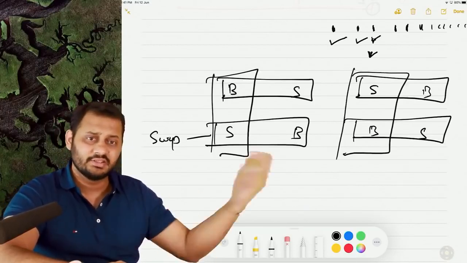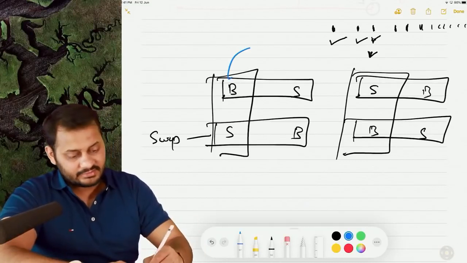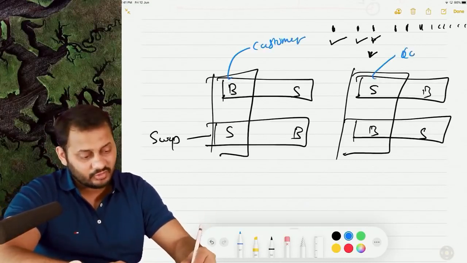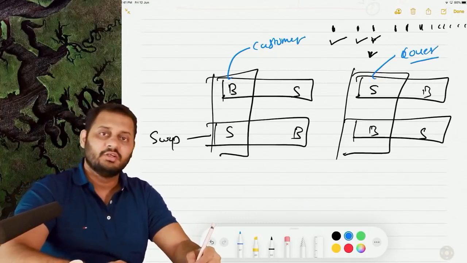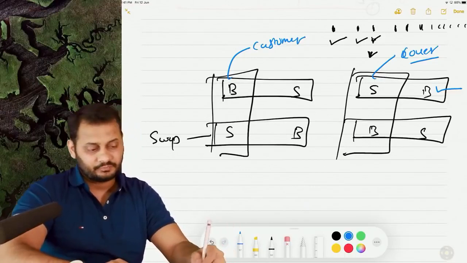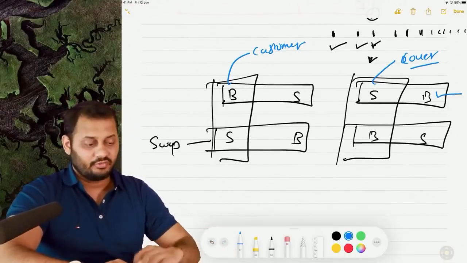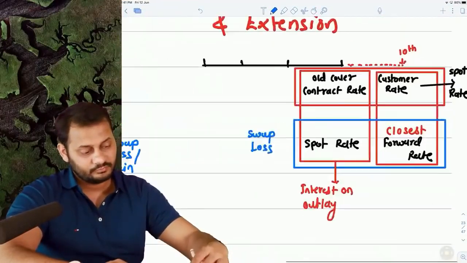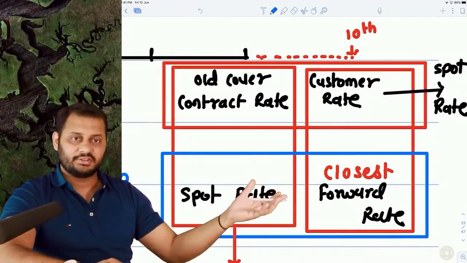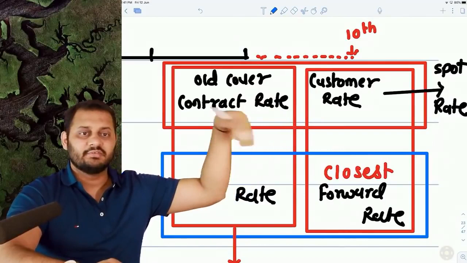What is the difference in these two is, here it is the customer rate in case of early delivery. Here it is the cover contract in case of late delivery or cancellation, because customer rate is shifted here. And in case of late delivery or cancellation or extension, this customer rate is cancelled with the spot rate.